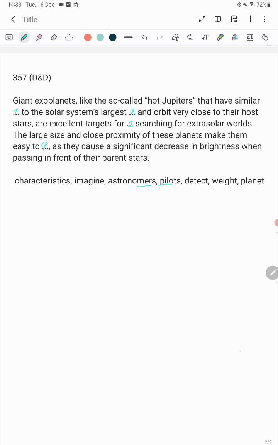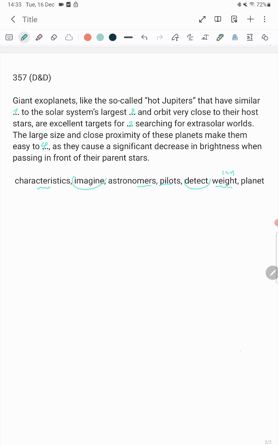Imagine is a verb, detect is a verb. Weight is a noun and verb, yes, but weight and characteristics should go together, physical items, and verb, imagine, and detect. Okay, planet is alone.